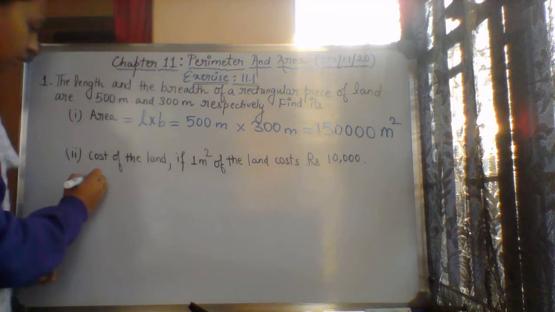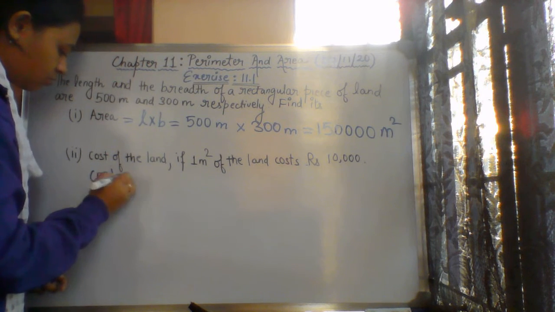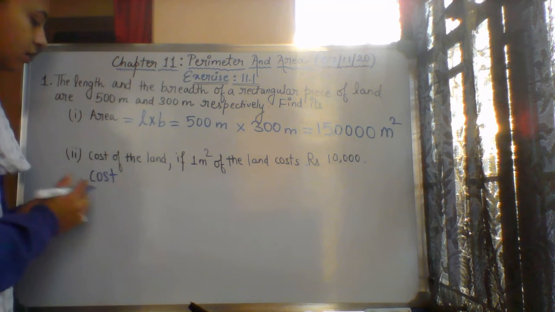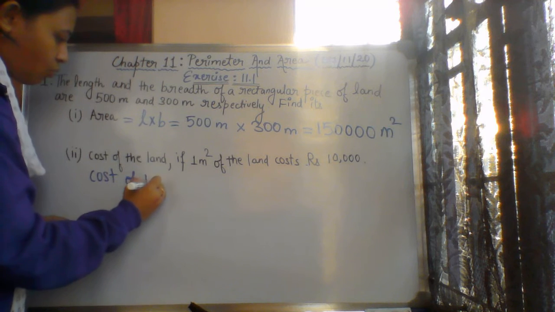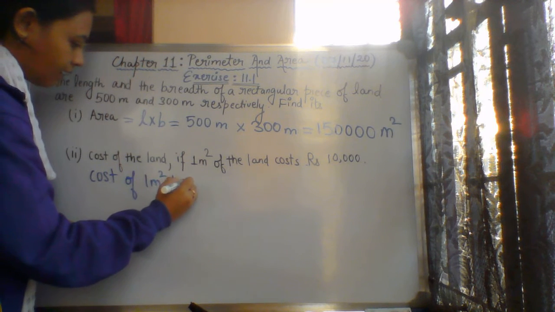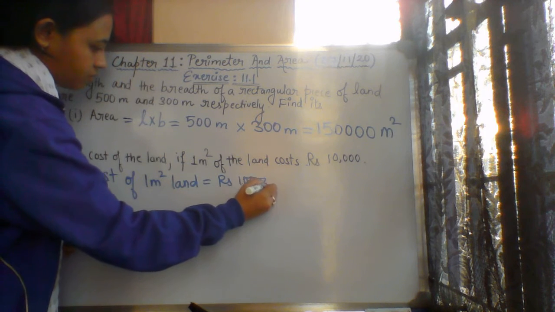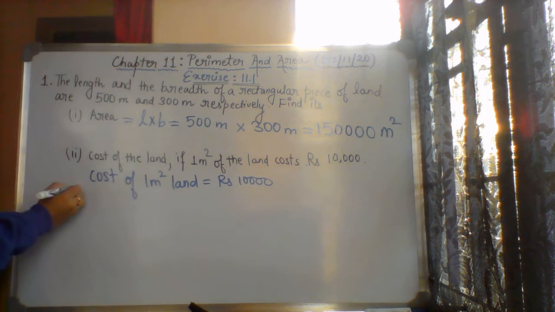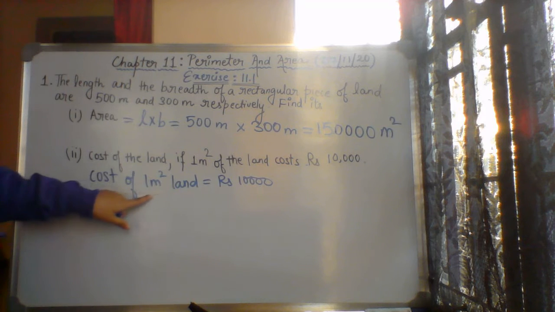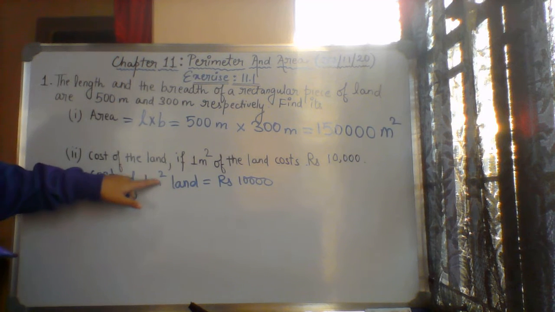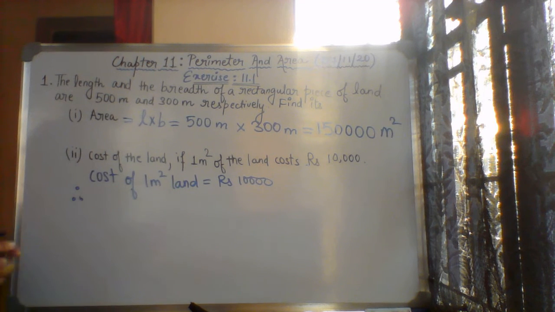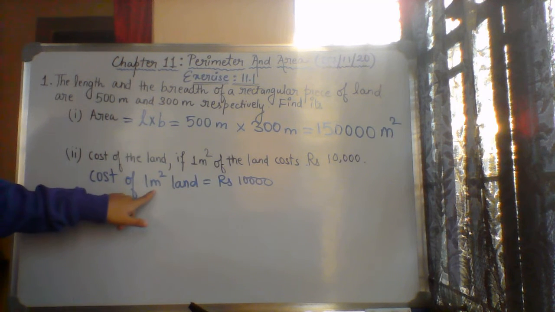Okay, so here what is given in the question? Cost of 1 meter square land equals rupees 10,000. But what is the area? Whenever you see something square, meter square, centimeter square, that means length square.